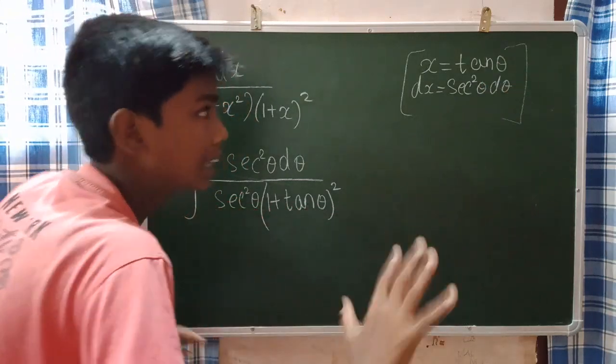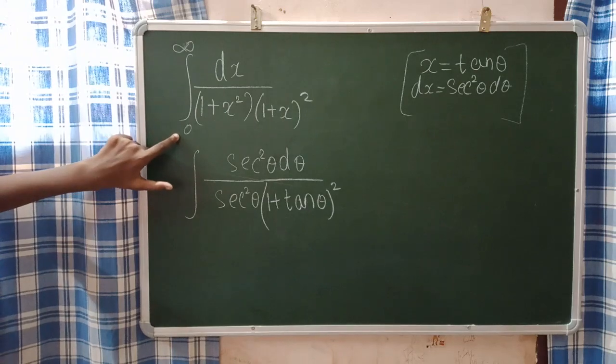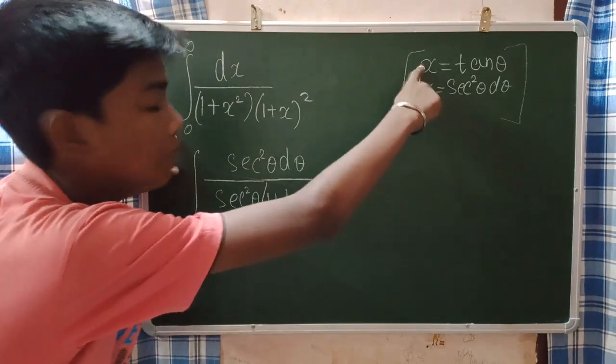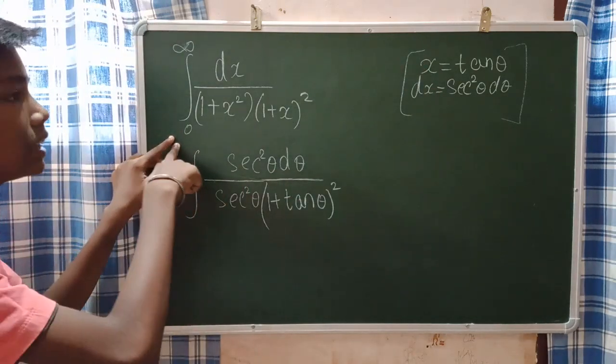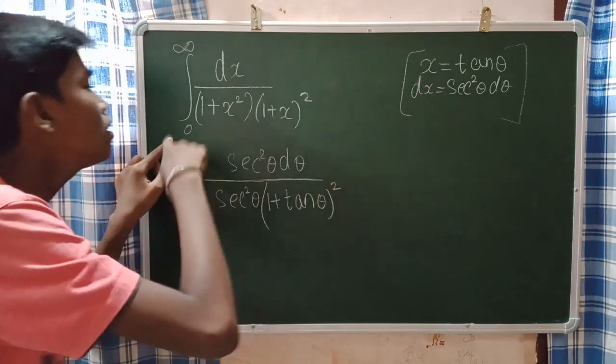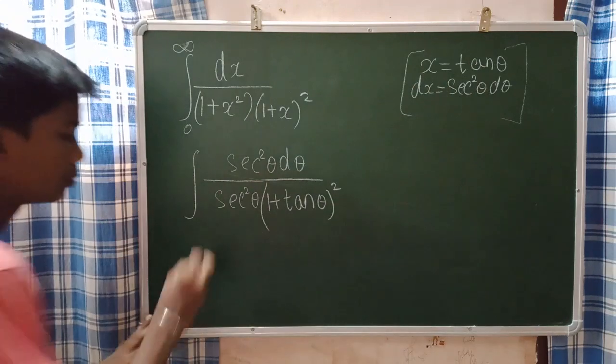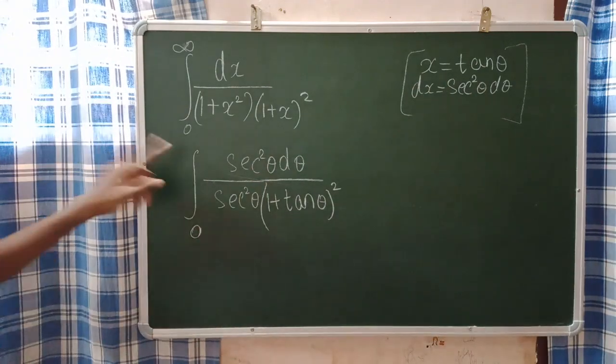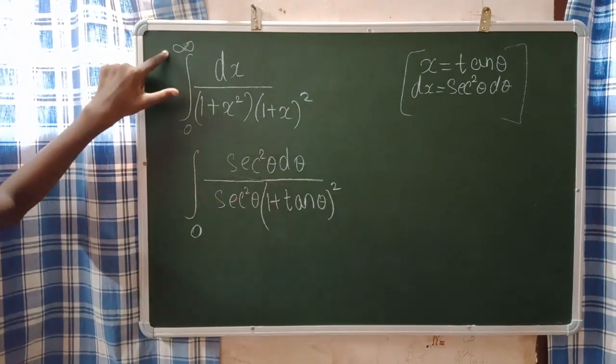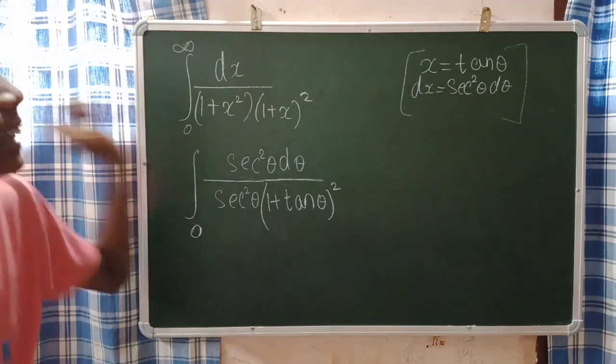How will I do it? Listen, when you consider the lower limit, your x will be 0. When x is 0, that's only possible when theta is 0, because tan 0 only will give us 0. Now, when you consider the upper limit, you will take x as infinity.